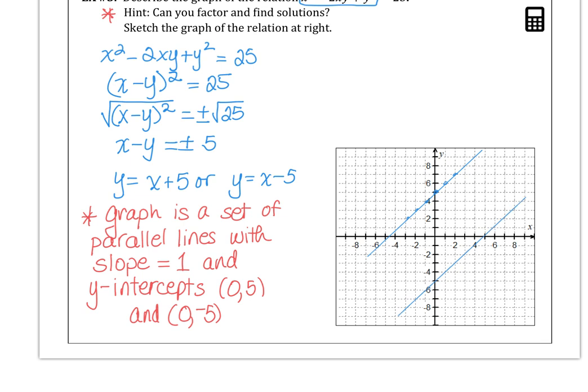We have a set of parallel lines. Slope is 1. Y-intercept is at 0, 5 on one of them, and the y-intercept is 0, negative 5 on the other. That's clearly a relation and not a function.